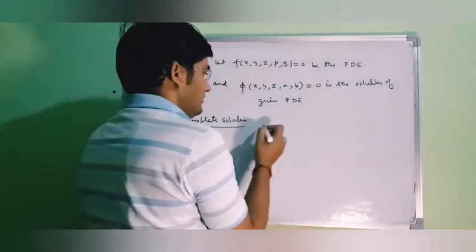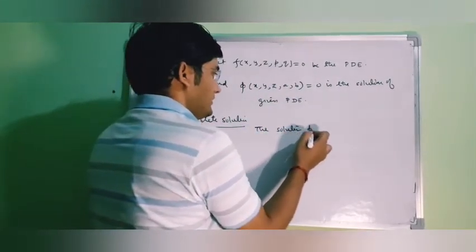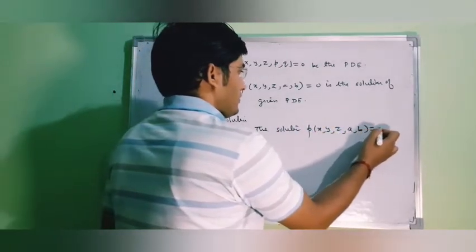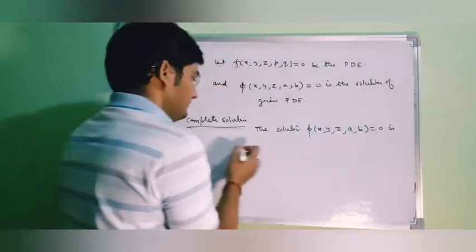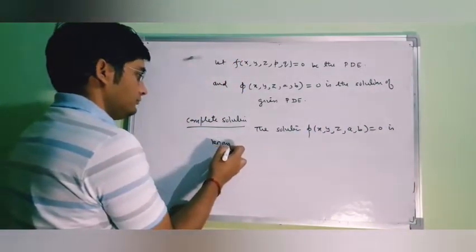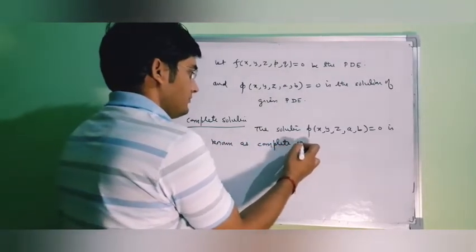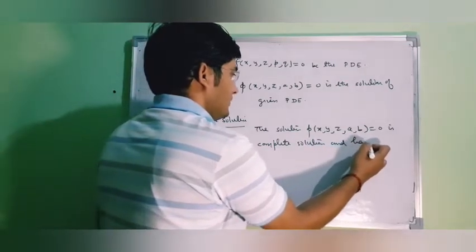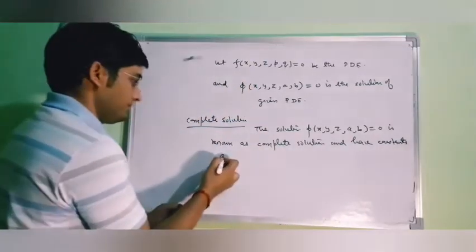This solution phi x, y, z, a, b equal to 0 is known as a complete solution and it has constants a and b.